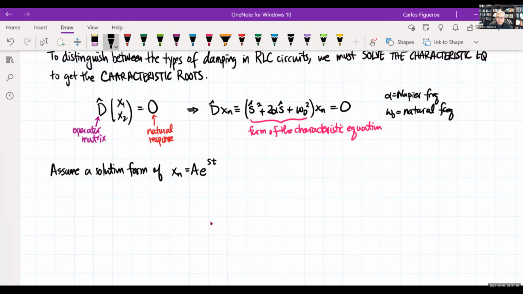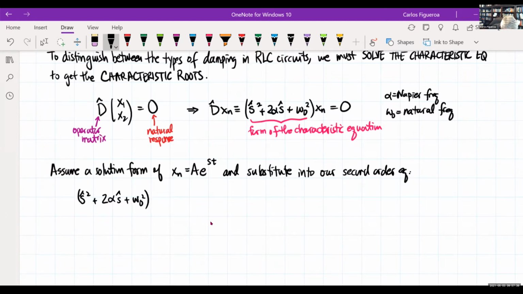And when you do that, we assume a solution and substitute into our second order equation. This is what you get: s squared plus 2 alpha s operating on this solution right here, which is A e^(st).